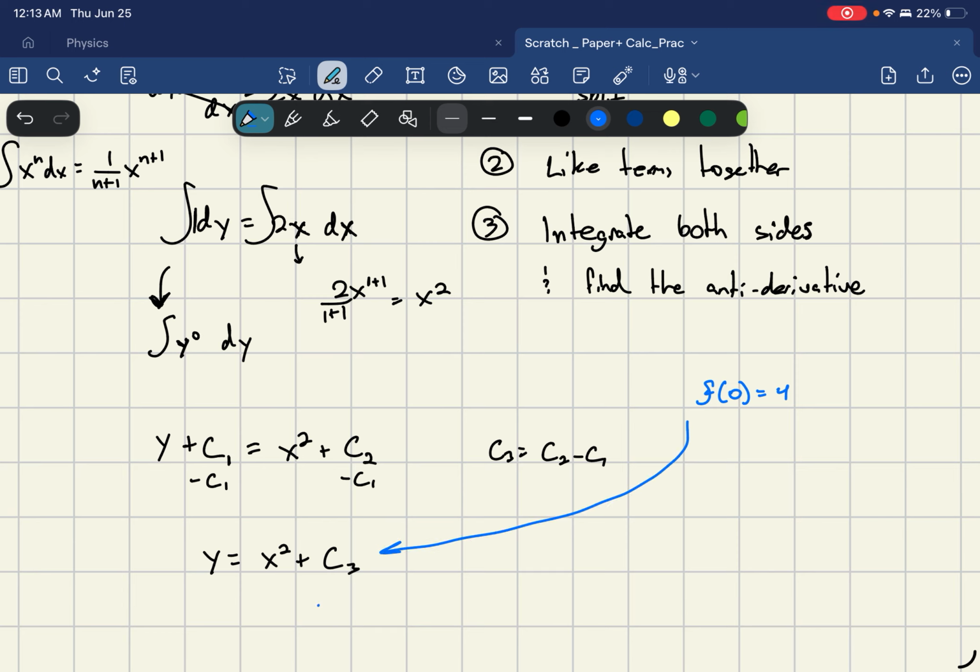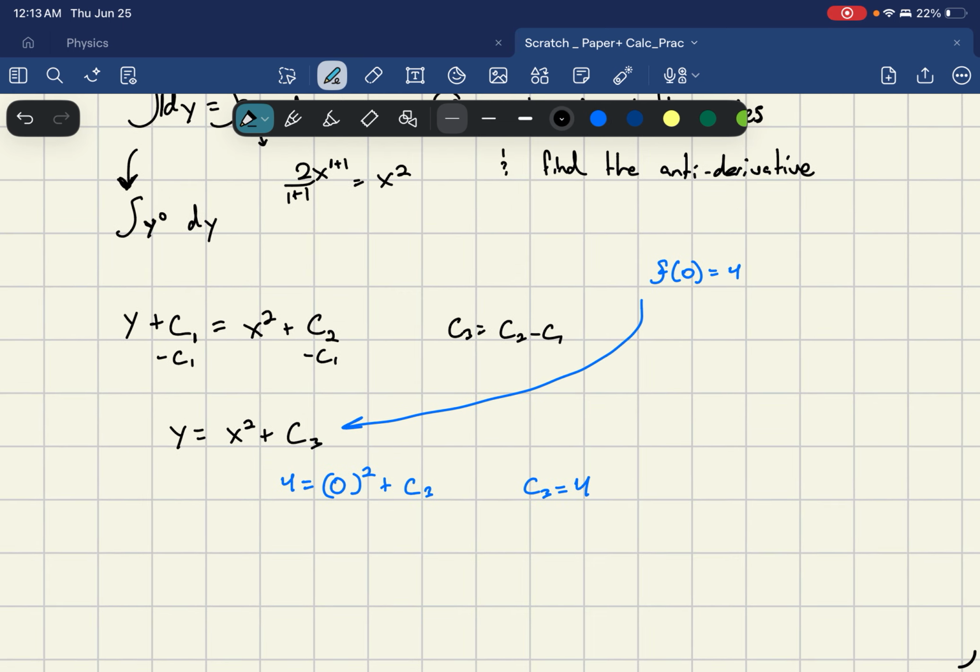So 4 is equal to 0 squared plus c3, which means c3 is equal to 4. So my function is going to be y is equal to x squared plus 4.